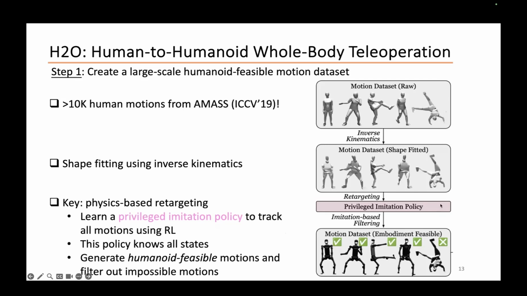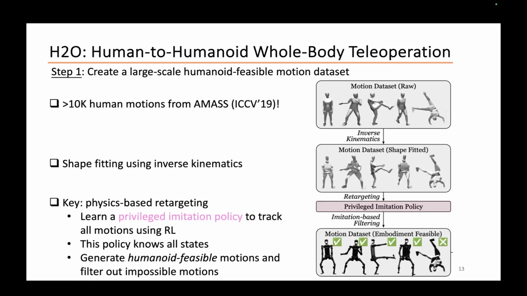The goal of the RL policy is to imitate and track all the motions in the second row. The reason I call it a privileged policy is because this policy knows everything. This policy is not sim-to-real. It knows all the state, everything in the simulator, because we want to filter out impossible motions. We want to have an upper bound of what the humanoid can do.